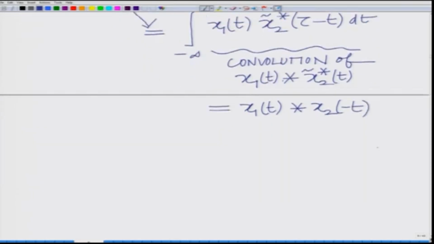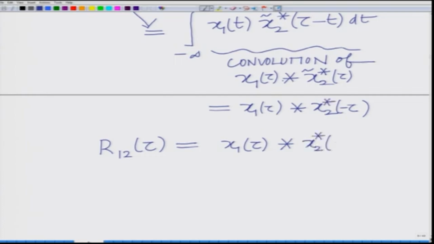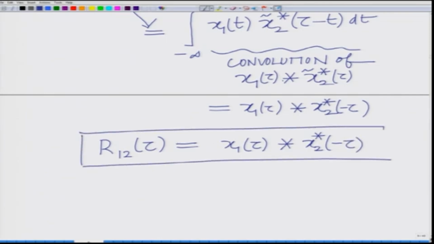So, R12, you can also replace t by tau, since t here is the variable of integration. So, I have R12(tau) equals x1(tau) convolved with x2 conjugate of minus tau.